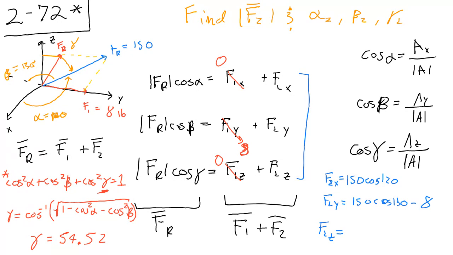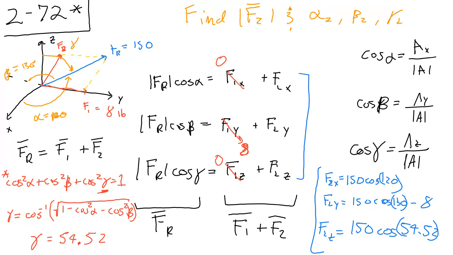F2z is just going to be 150 cosine gamma, which is 72, or 54, excuse me, 54.52. Okay, boom. So now those are the three components of force 2.